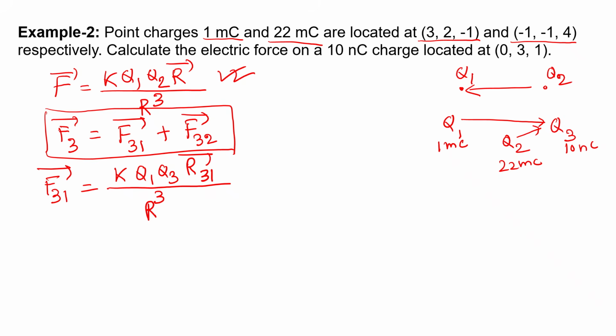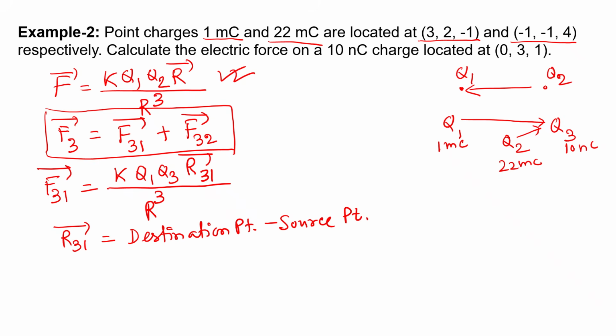As you can see, initially I wrote R13, but then I changed it to R31 because writing the correct values and using the correct formulas is very important, especially when you handle vector directions. Now R31, as I have told you about the trick or process, will be destination point minus source point.